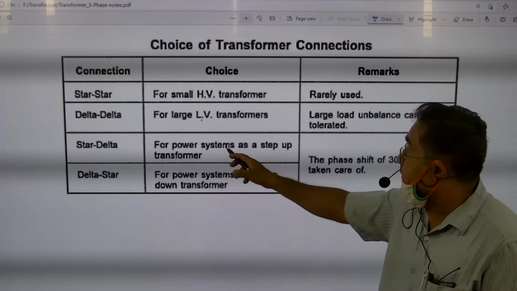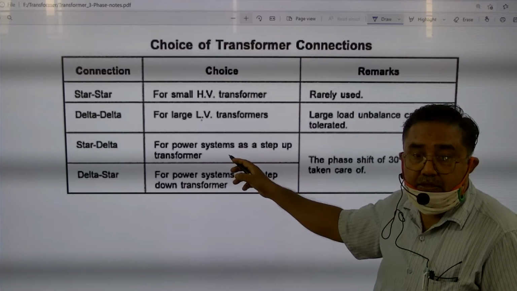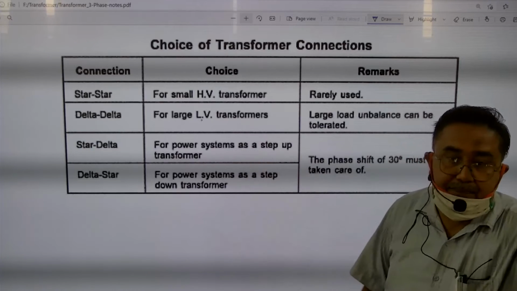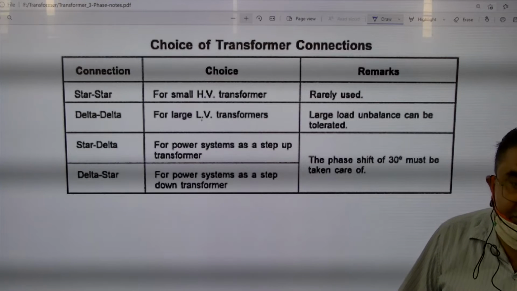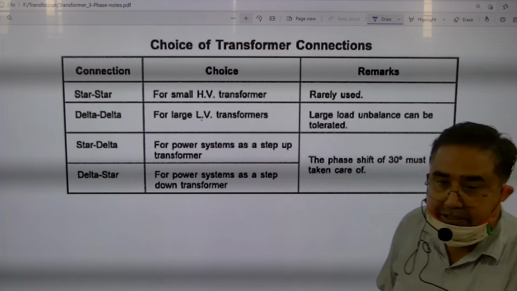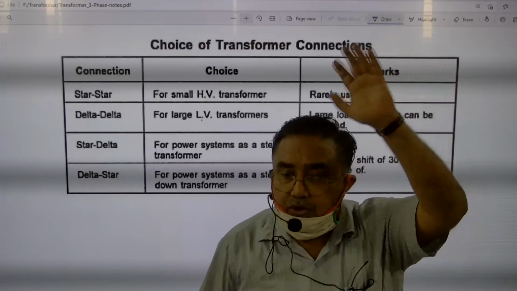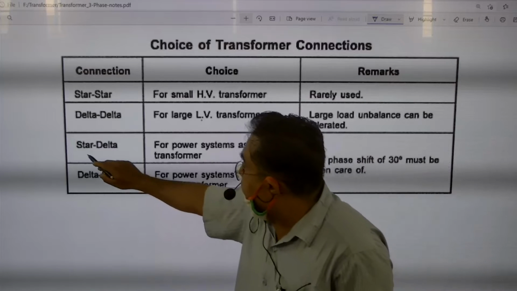Third, star delta, this is being used for power transformer as a step up. Is it clear? For example, at the generating station, when we have to raise the voltage from 11 kilovolt to 400 kilovolt or 220 kilovolt, there we go for which connection?